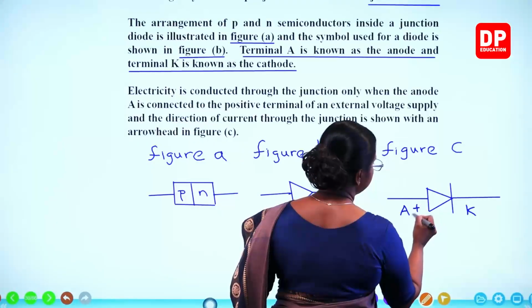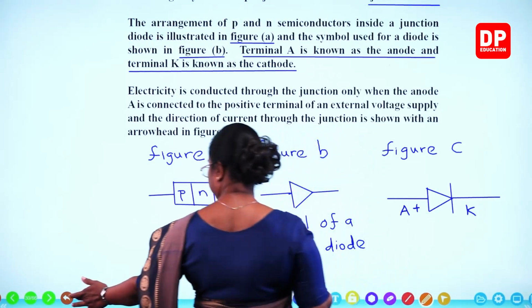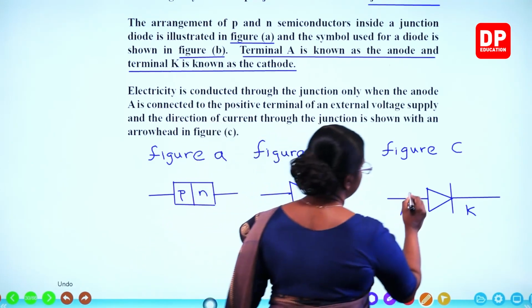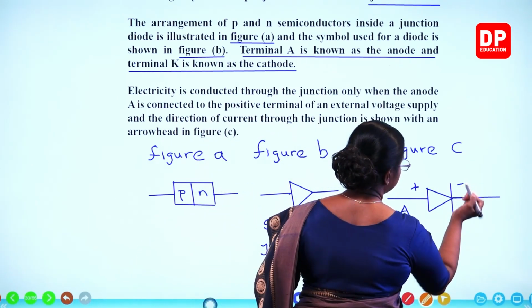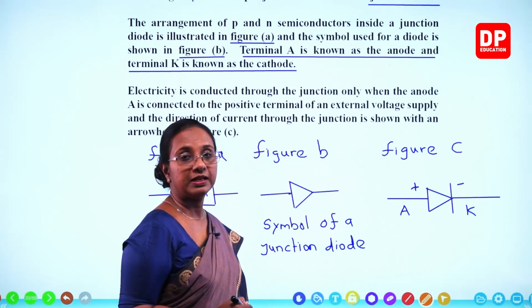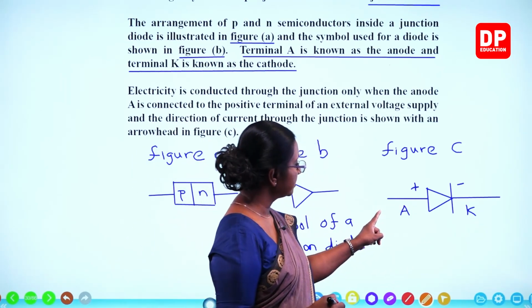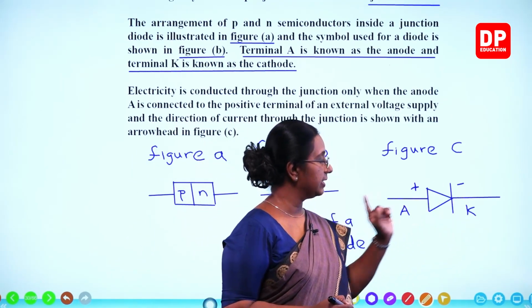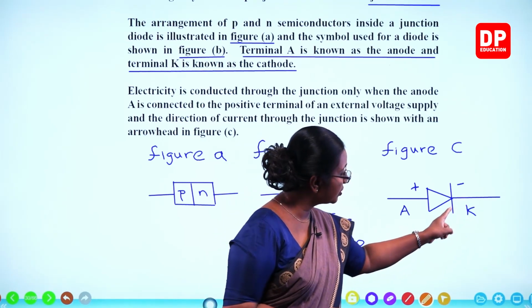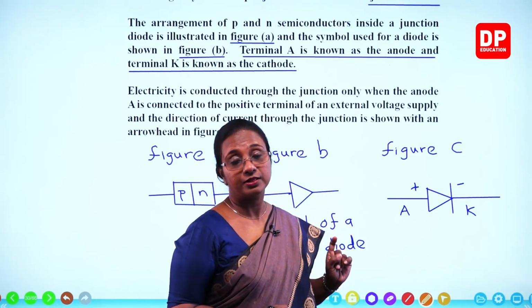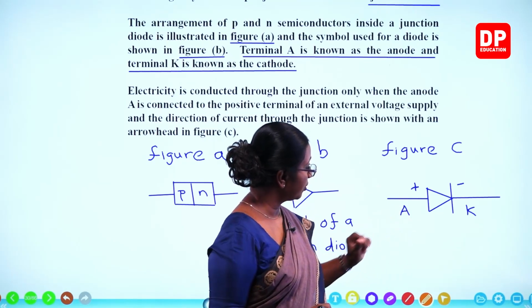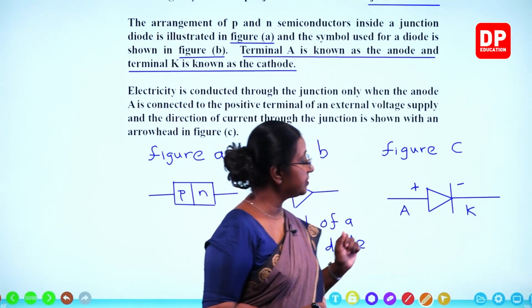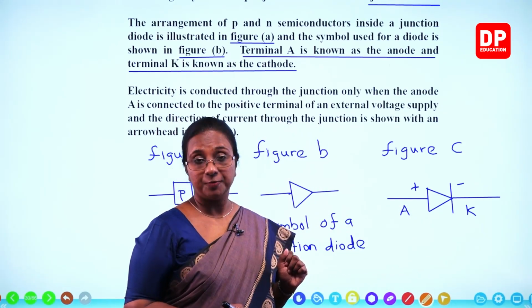This is the positive terminal, I will put it on top, and this is the negative terminal. We use the letter K to mark the cathode. Anode is denoted by capital A. Cathode is denoted by capital K.